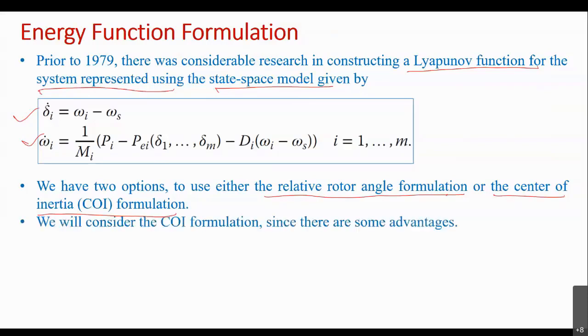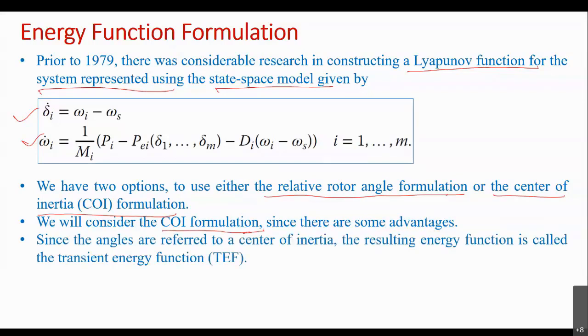So we'll consider the COI formulation here, since there are some advantages of this formulation, that is the center of inertia formulation. Since the angles are referred to a center of inertia, the resulting energy function is called the transient energy function.